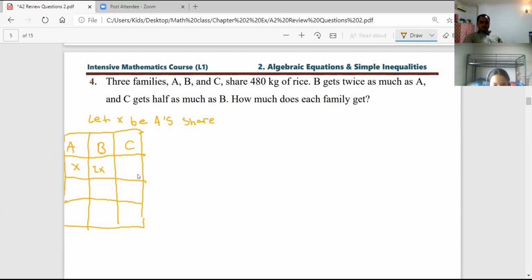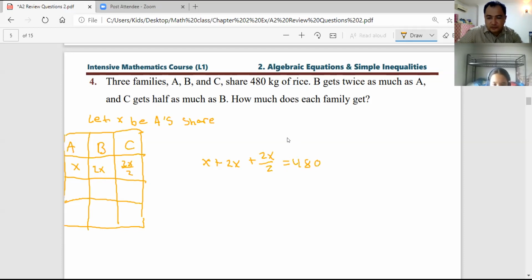X. So that's x plus 2x plus 2x over 2. Shahina, why don't you just simplify and write the result here?